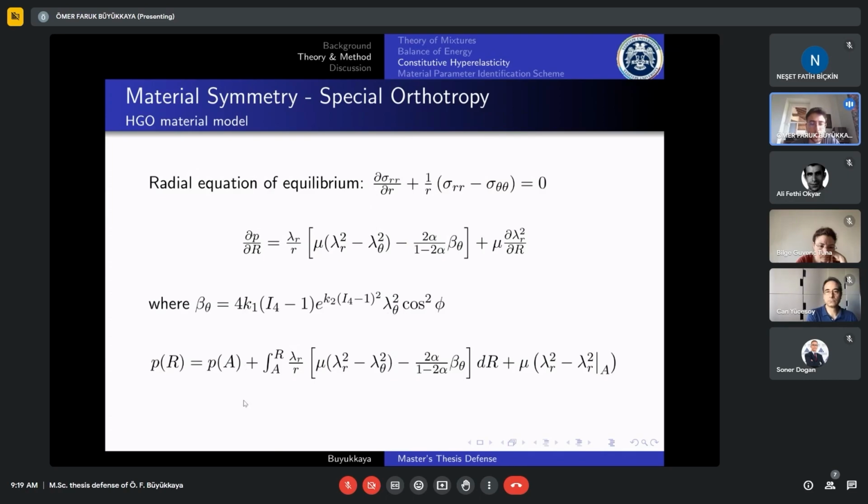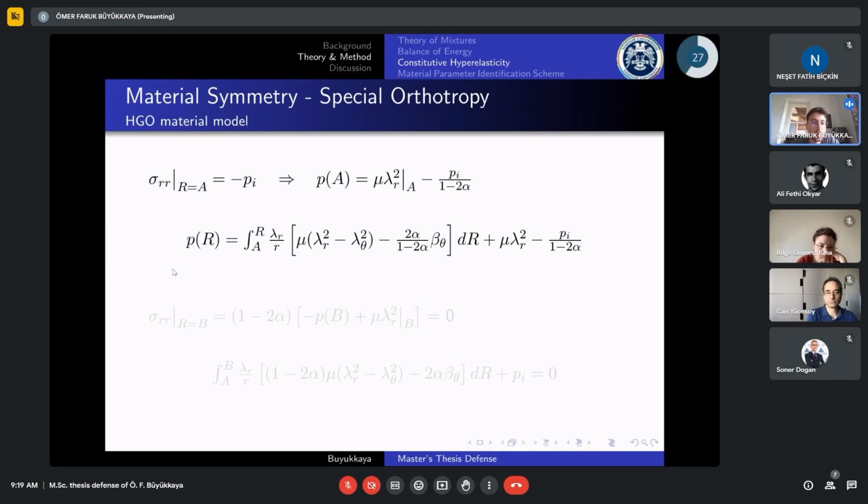In order to solve for P of A, we apply the boundary condition at the inner wall surface of the cylinder, which is the radial stress evaluated at r equals a is equal to minus Pi, which is the applied inner pressure, and we get the expression for P of A and insert it into P of r.